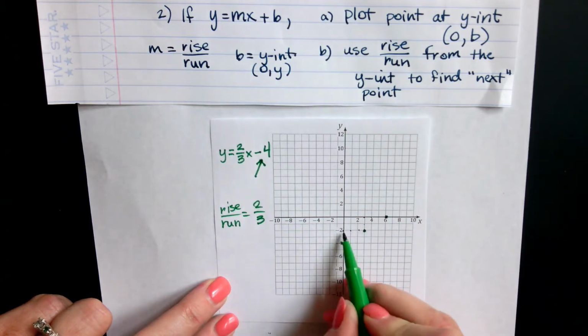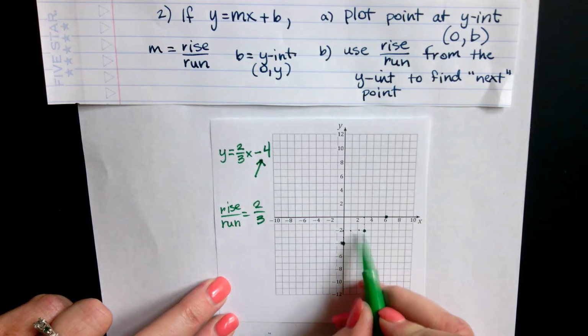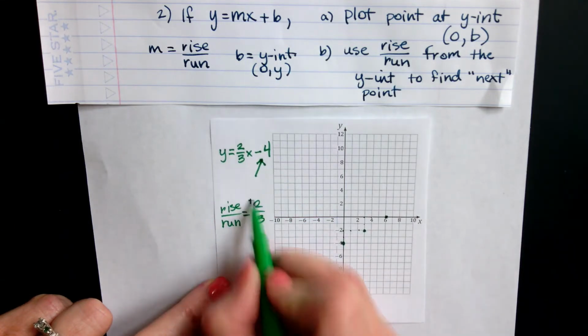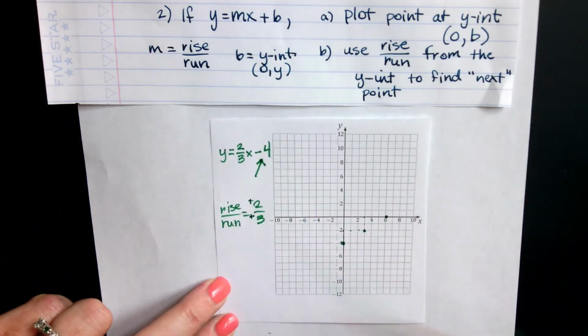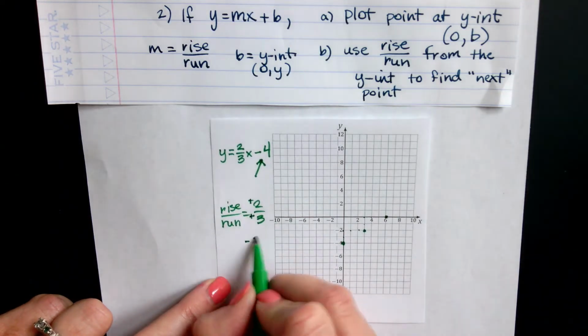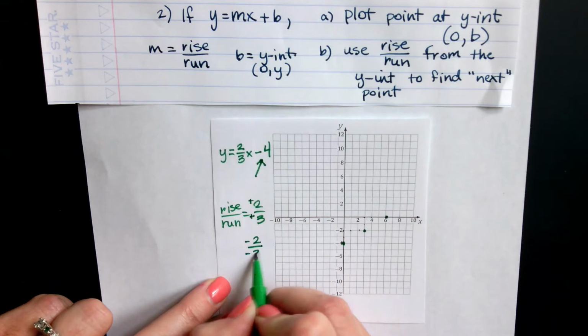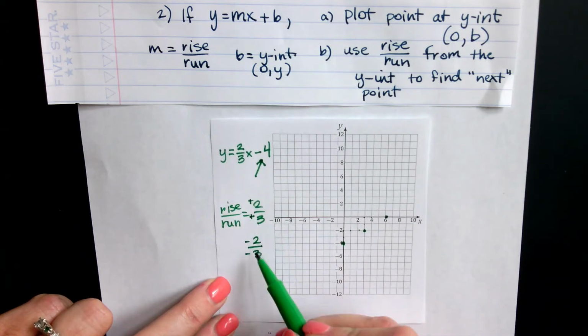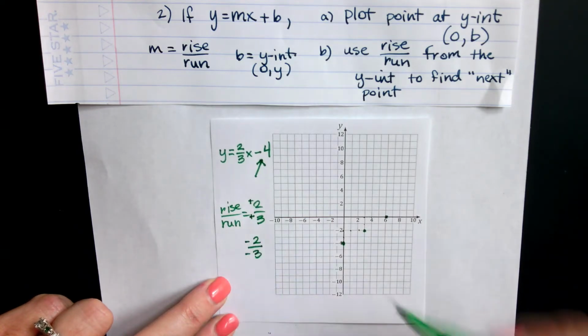Now, rising up and running to the right is what we do when both numbers are positive. That is actually equivalent to making both rise and run negative.